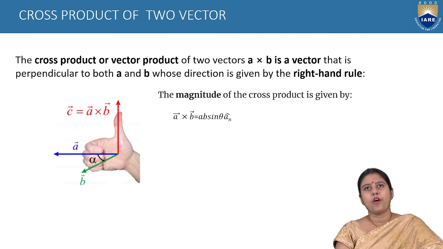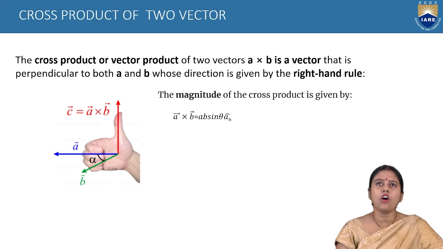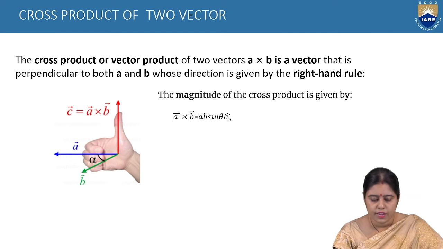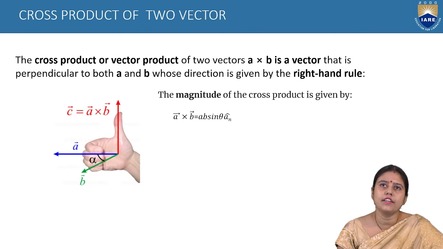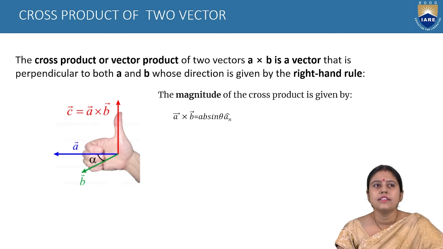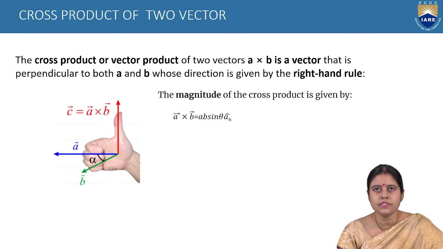Next, another problem: the cross product of two vectors. For a quick revision, the cross product of two vectors is A cross B, and the cross product means it has a certain direction.